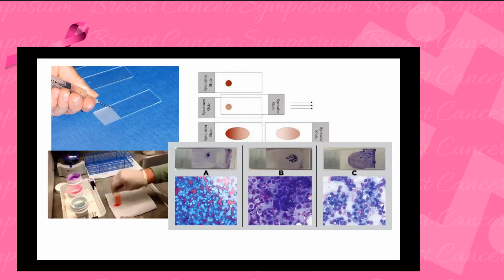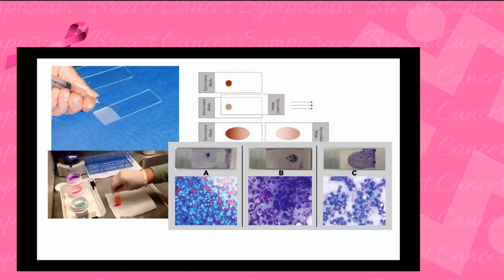So ideally, as the top left slide shows you, you would evacuate your material onto the slide, and you then use a second slide. We're now on the top right.